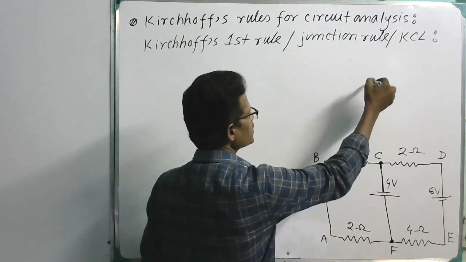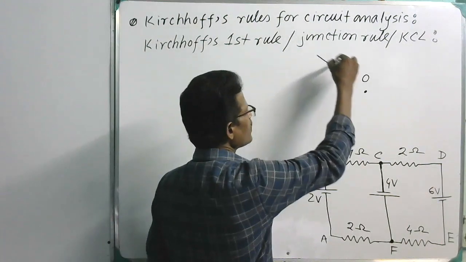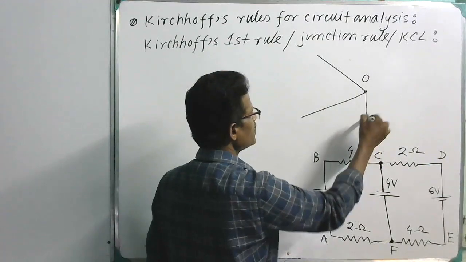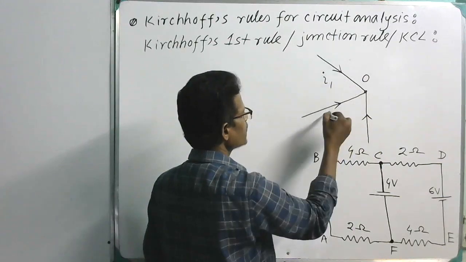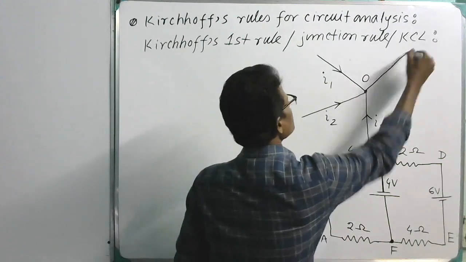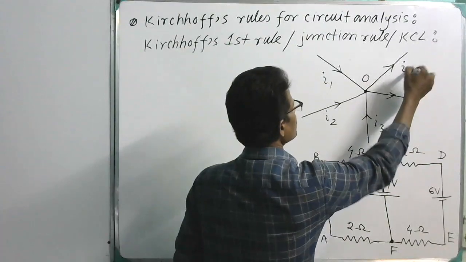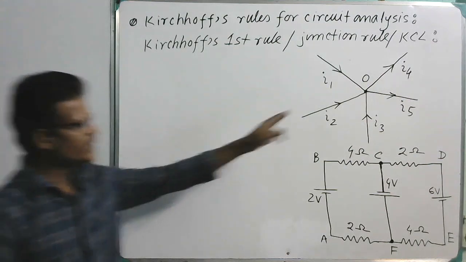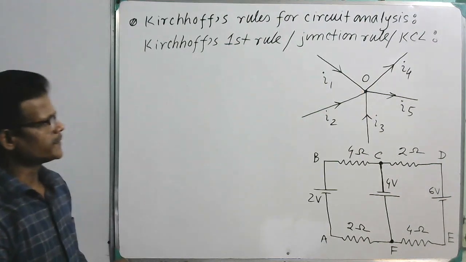In general, I consider a node, point O. Current entering this node from branches, suppose I1, I2, I3, and current leaving the junction, I4, I5. So O is a node or junction of the electric circuit.